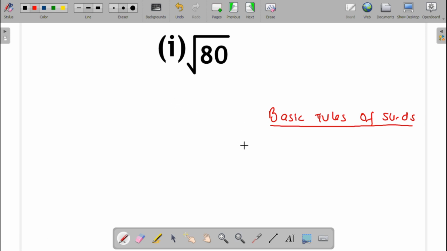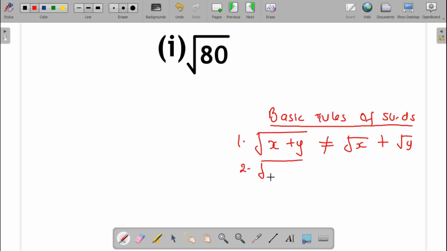And we have the first one, which is: if you have root of x plus y, it is not equal to root x plus root y. Also, if you have root of x minus y, it is not equal to root x minus root y.